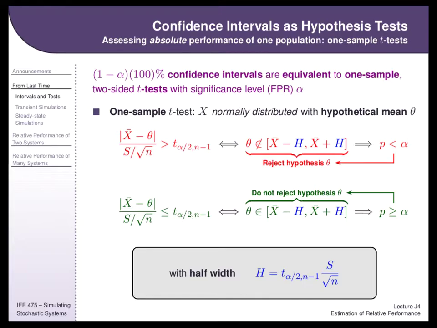But going the other way around, if I can't make a decision because my data are too close to the mean, then that's equivalent to saying that my null hypothesis is inside the confidence interval. So in that case, I can't really say whether I can reject my null or not, but I know that I definitely don't have any evidence to reject it. I can't necessarily accept it, but I at least know that it's not part of the group that I definitely can reject. And so that's the inside and the outside of the confidence interval. Whenever you see a confidence interval, you can do a t-test immediately.